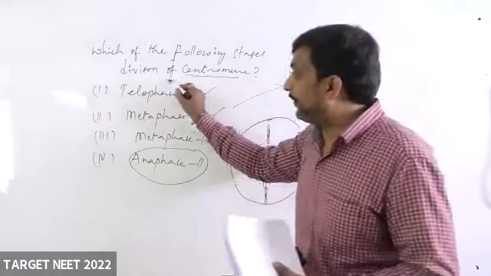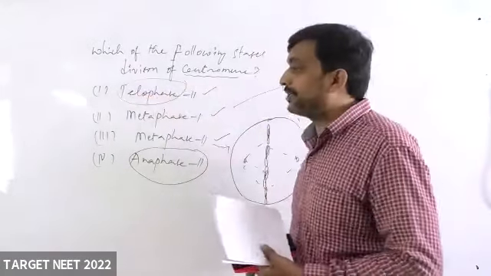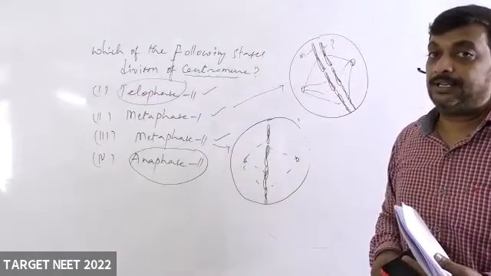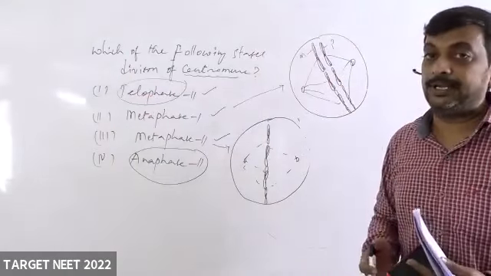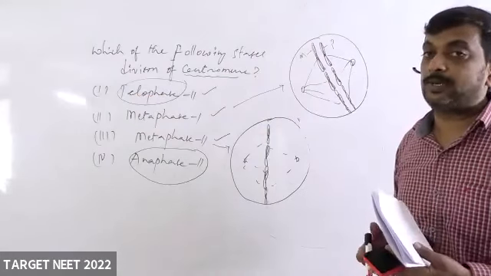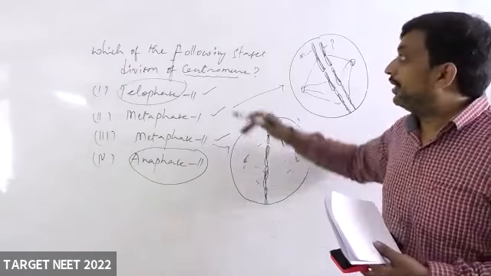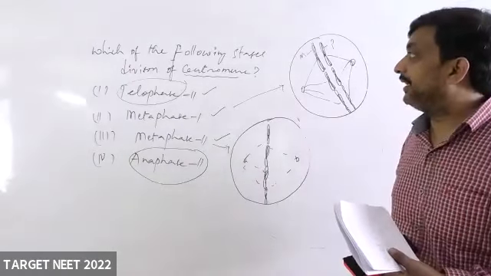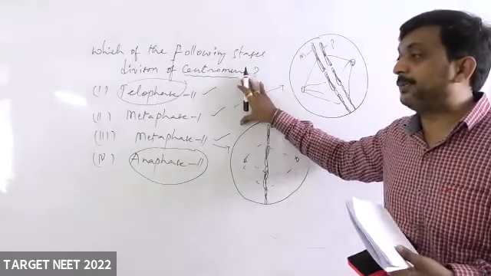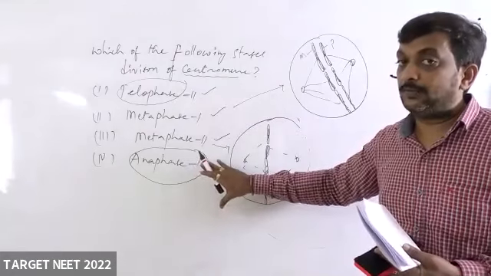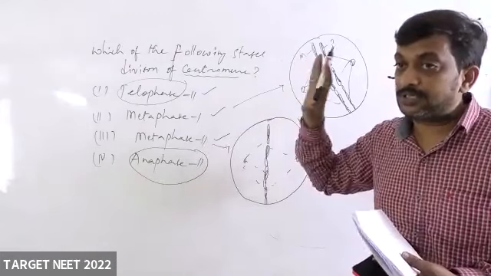Now, in telophase 2, the nuclear membrane forms and the cell organelles reappear. These events take place after the completion of telophase 2. So, in which of the following stages does the division of the centromere take place? The answer is anaphase 2 of meiosis 2.